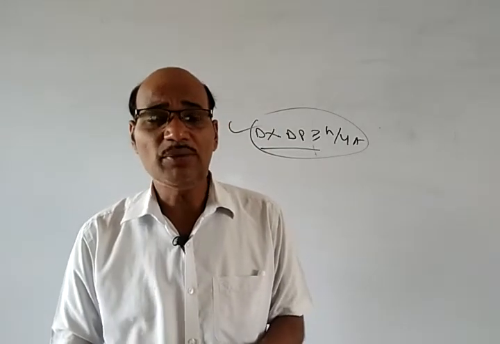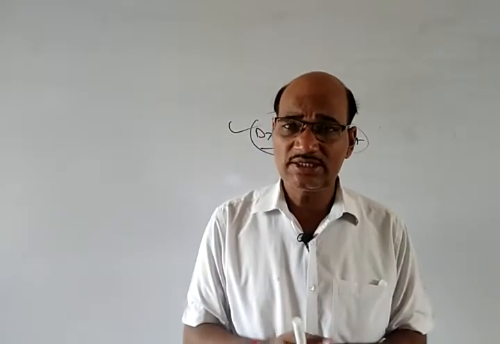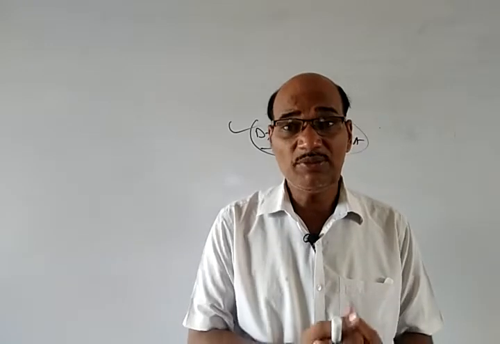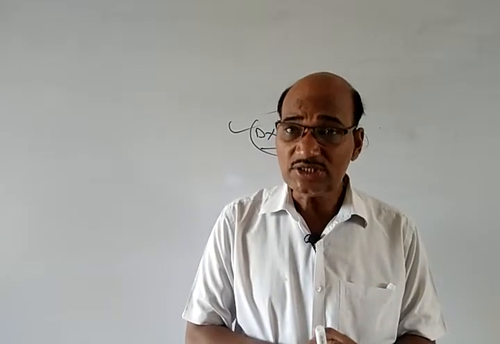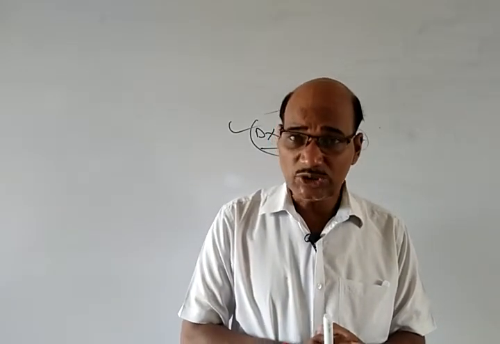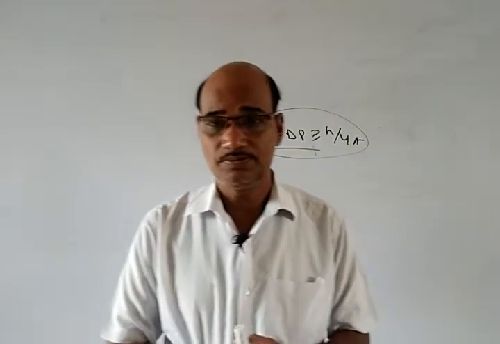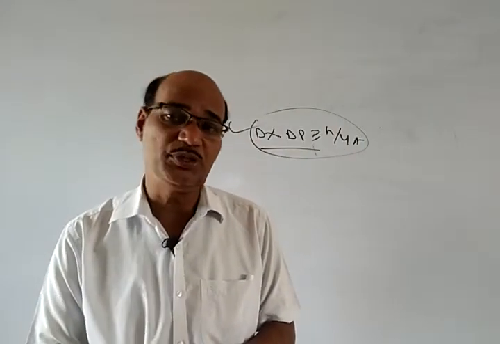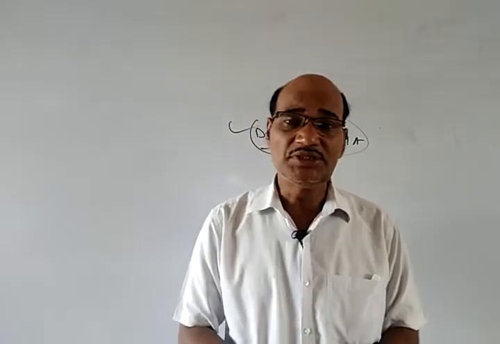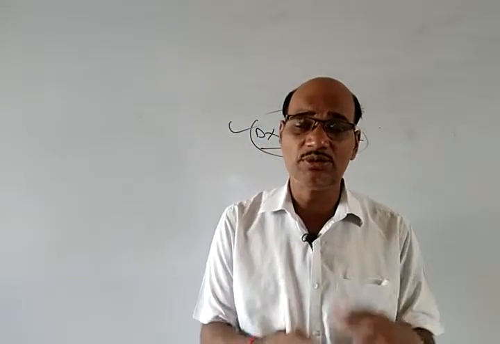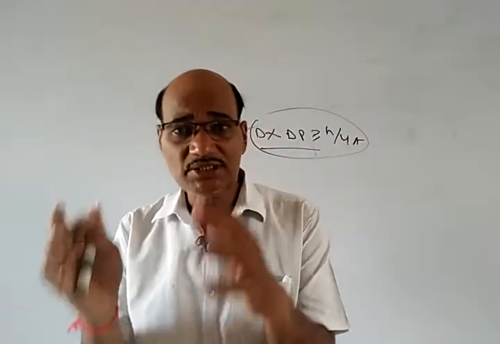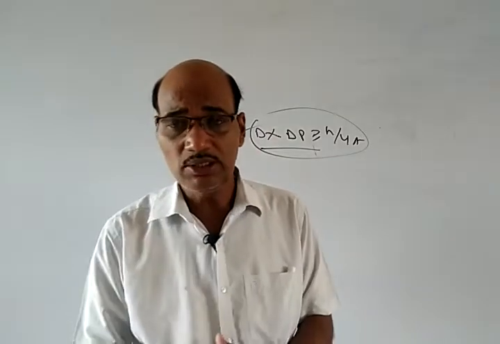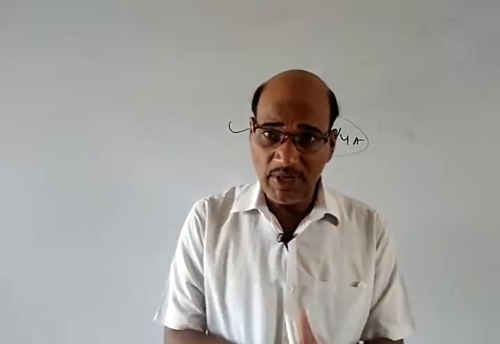So when we have l equal to 0, s subcell, m equal to 0, or when we have l equal to 1, p subcell, m equal to minus 1, 0, plus 1. That is px, py, pz. And we have seen the p subcells have three types of orientations in space, and these are dumbbell in shape.